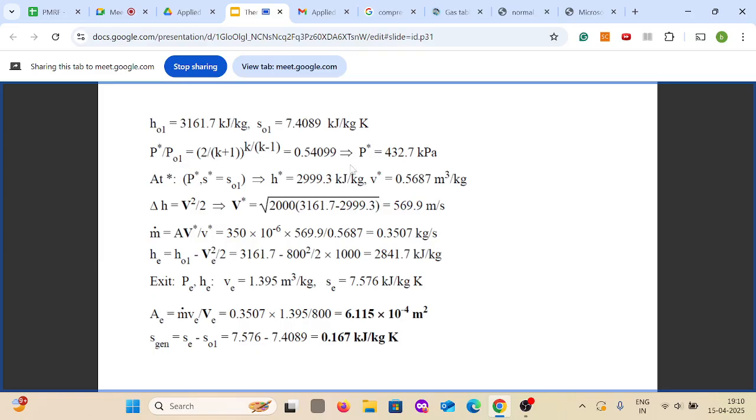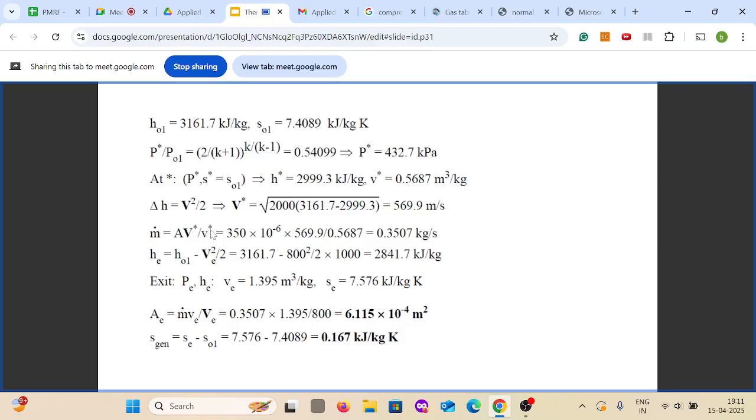Then P star is 432.7 kilopascal. And corresponding to 7.4089 and P star of 432.7 kilopascal, my enthalpy at throat is 2993 kilojoule per kg, and specific volume at the throat is 0.5687 meter cube per kg.